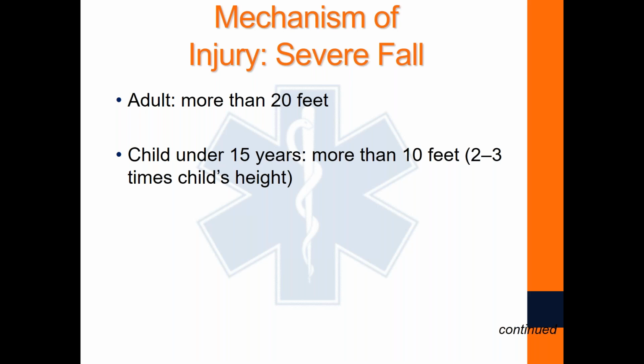An adult who fell more than 20 feet or a child who's under the age of 15 that's fallen either 10 feet or 2 to 3 times their height has been said to have a significant mechanism of injury. Because not everything is this big life-shattering injury, multiple system trauma. They're not all going to be barely held together because they've been involved in such a traumatic event.